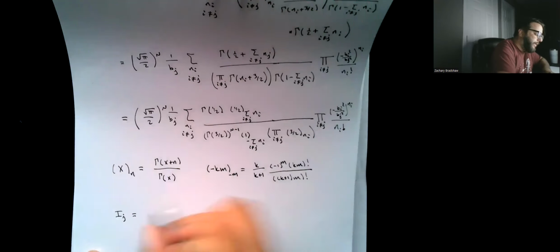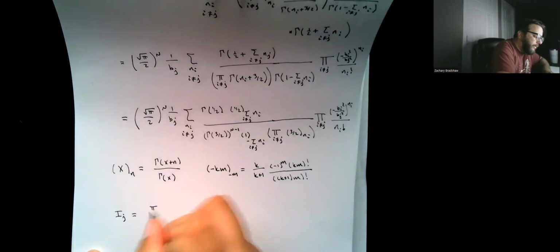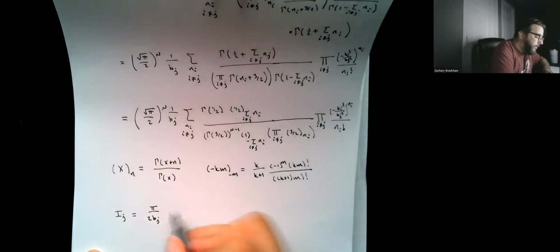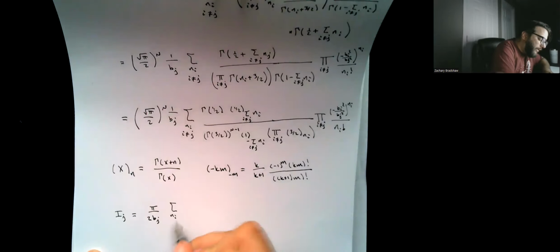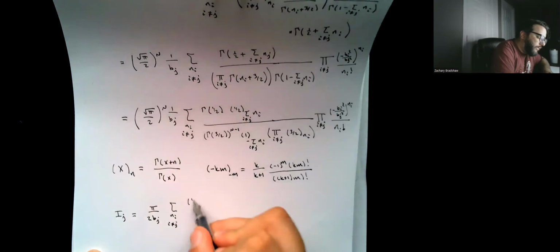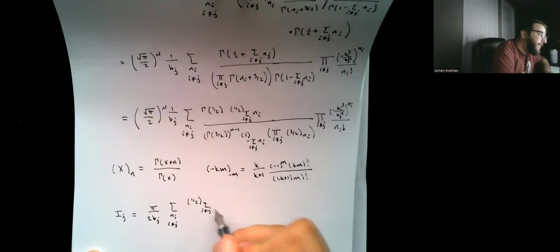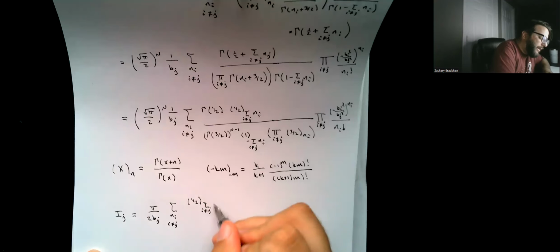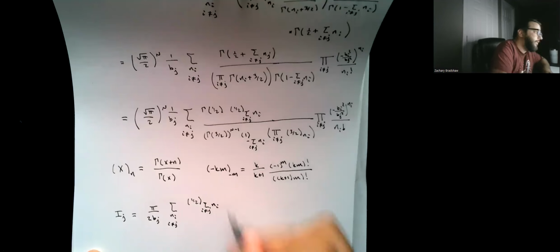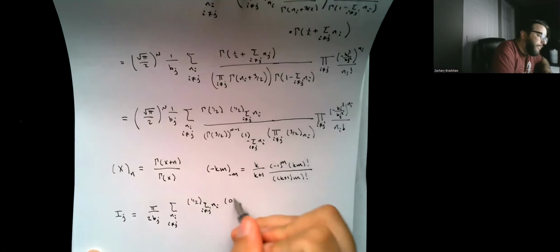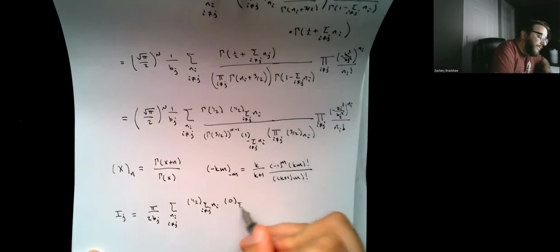And we can write this now as pi over 2bj, the sum over ni with i not equal to j of 1/2 Pochhammer sum i not equal to j of ni and a 0 Pochhammer. I'm writing this in this way for a reason.